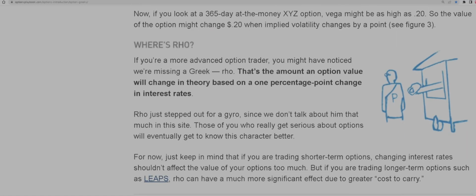So there is another character or element in the Greeks. It's called rho, R-H-O, or however you want to read it. This is not something short-term traders should care about, but it's good to know. Let's see what it is.